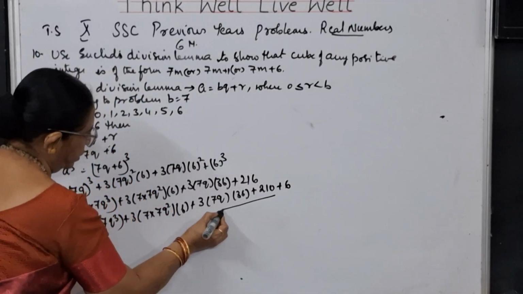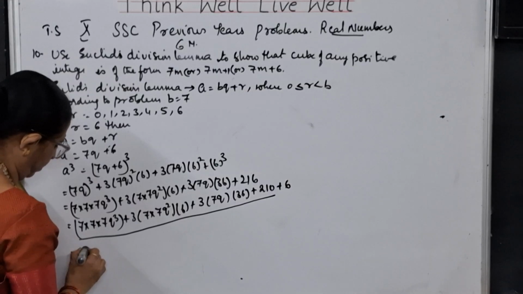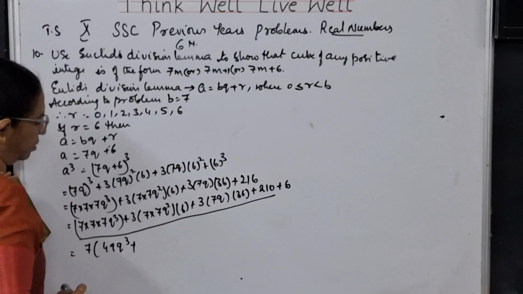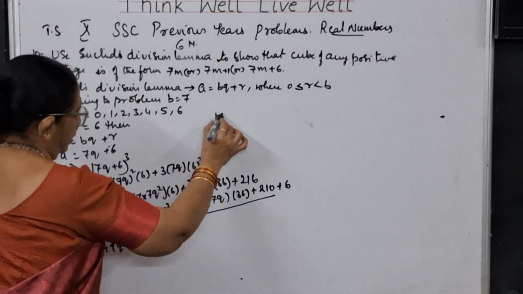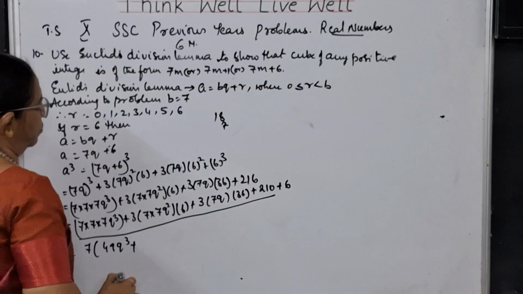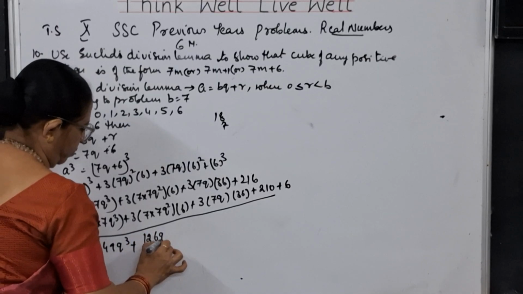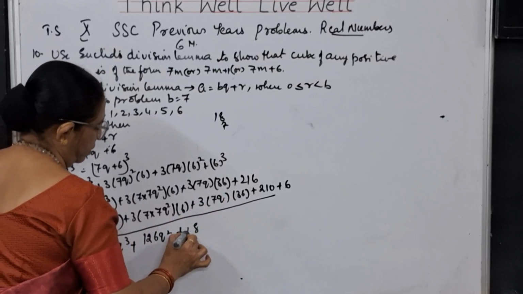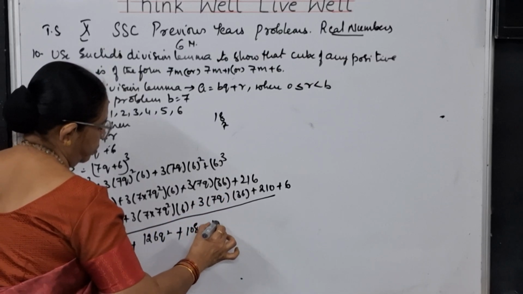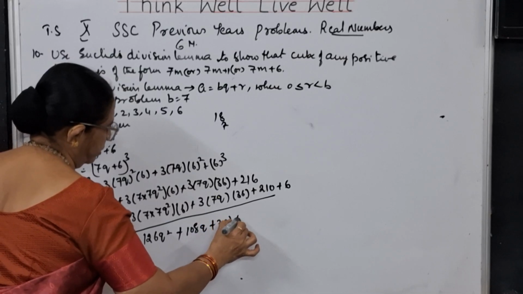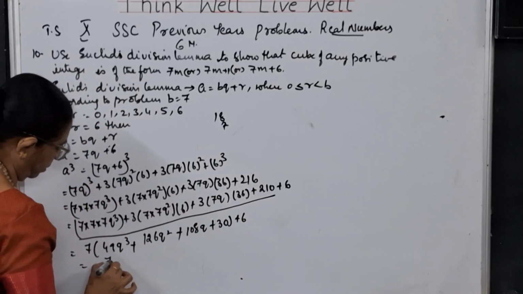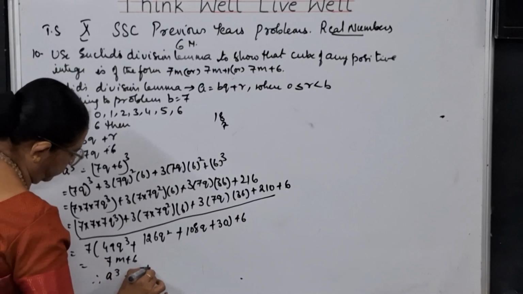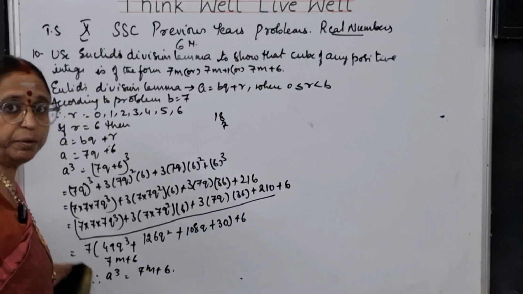So this all you can take as 7 into 49q cube plus 7 is out. 6 3s are 18, 18 7s are 126q square plus 7 is out. 36 3s are 108q plus 7 30s are 210 plus 6. That is nothing but 7m plus 6. Therefore, a cube is equal to 7m plus 6.